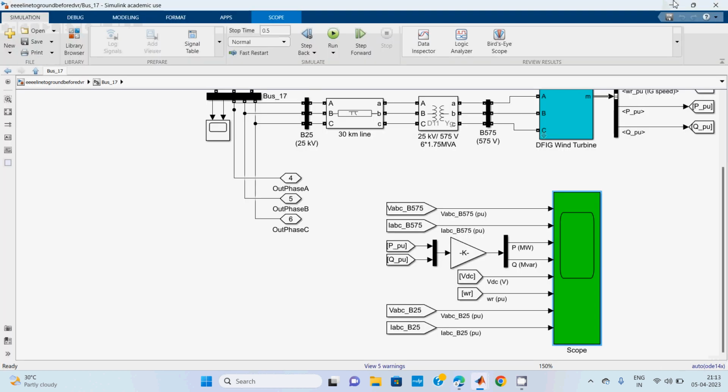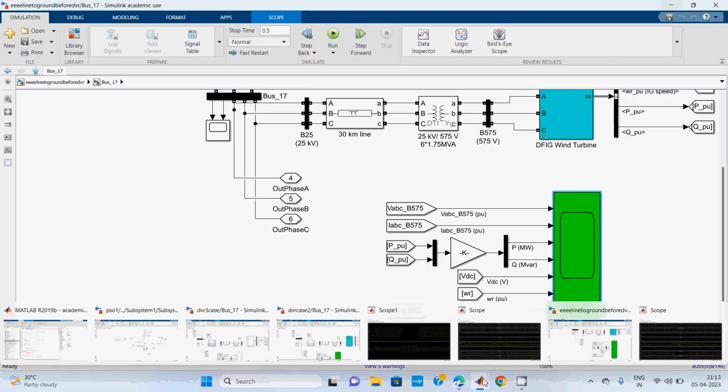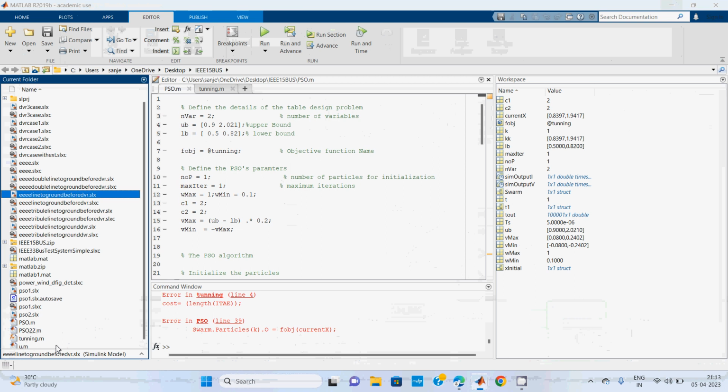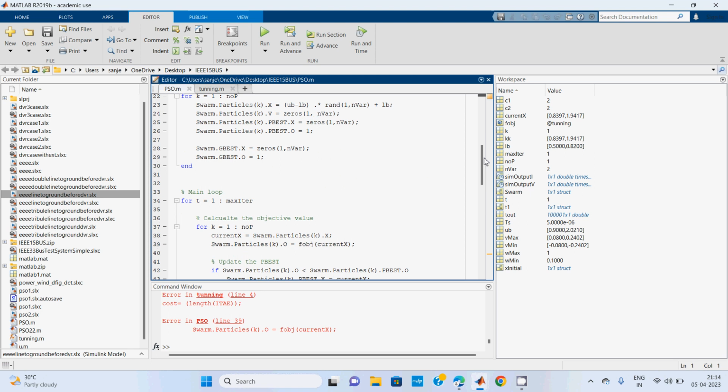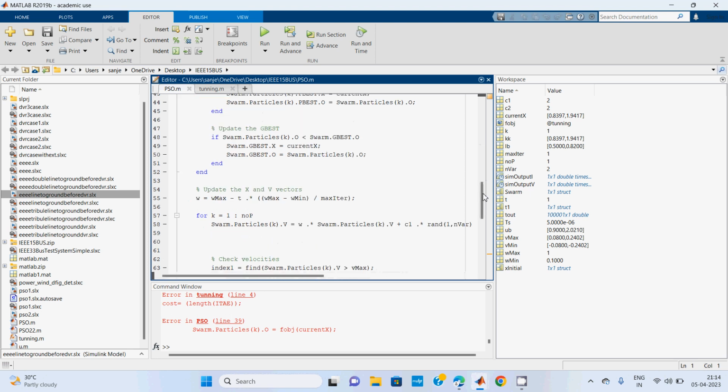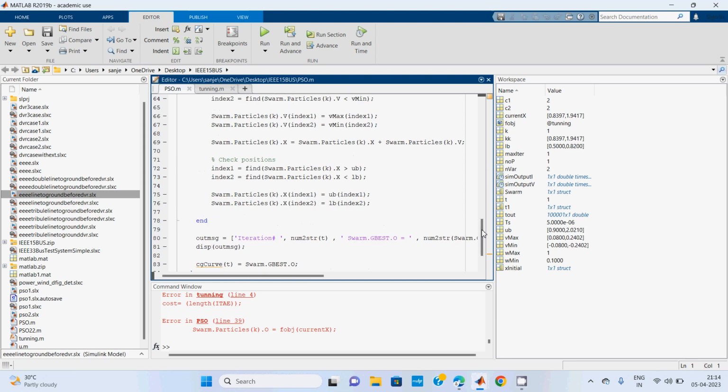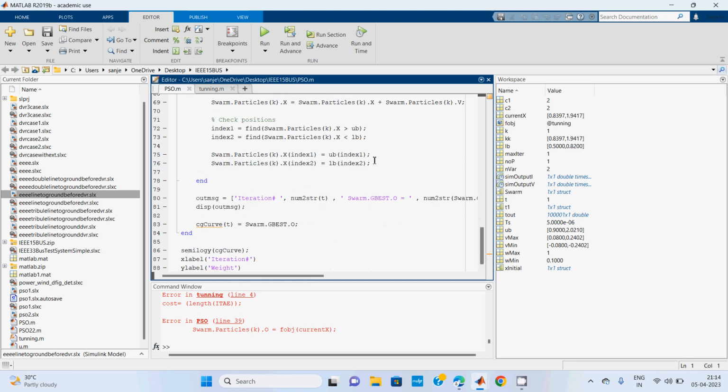PSO is particle swarm optimization. What is the major role of particle swarm optimization? To get the KP and KI values. How are we going to get the KP and KI values? We are proposing particle swarm optimization code here. We need to tune the parameters. These are the tuning parameters.